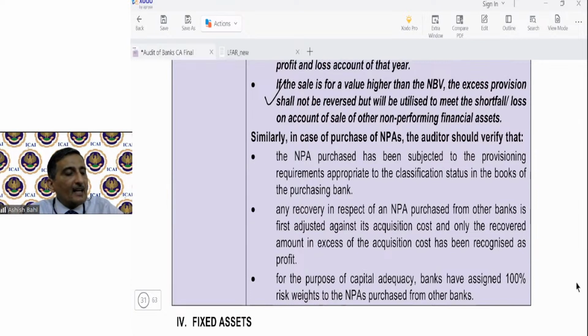So these are some of the special points, guys, which an auditor has to take care of in case of NPAs. Some few more points which I would like to tell you.